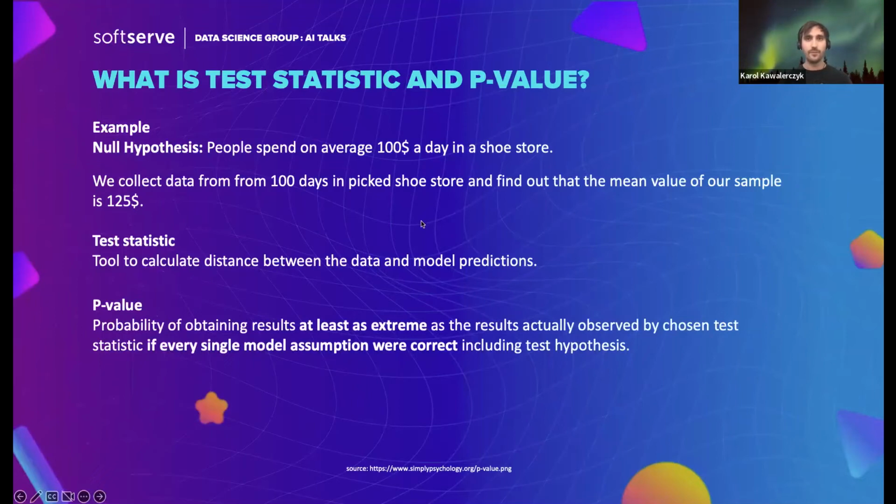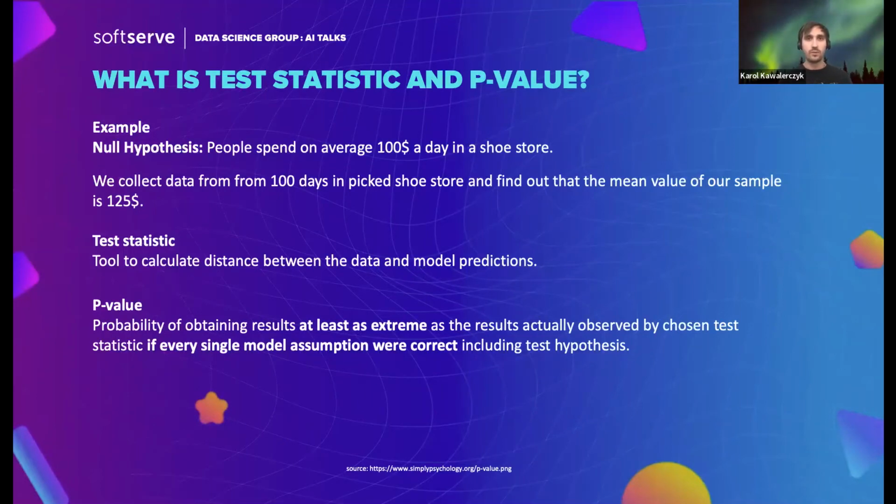And what is a p-value? We will give a very formal definition here that we will explain a bit later and break down into many cases. It is the probability of obtaining results at least as extreme as the results actually observed, by the chosen test statistic, if every single model assumption were correct, including the test hypothesis.